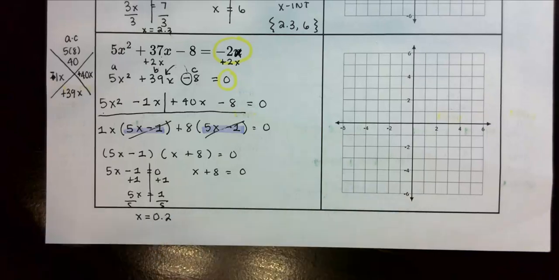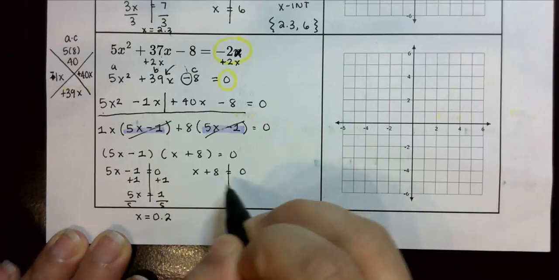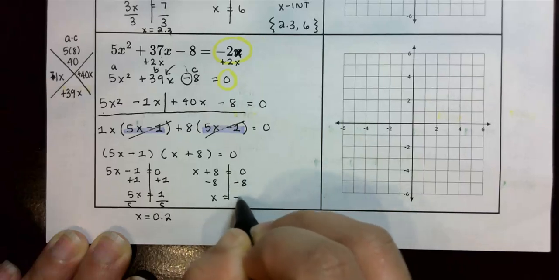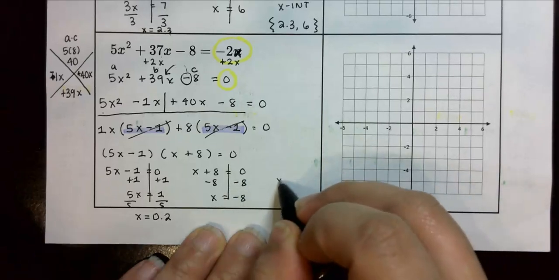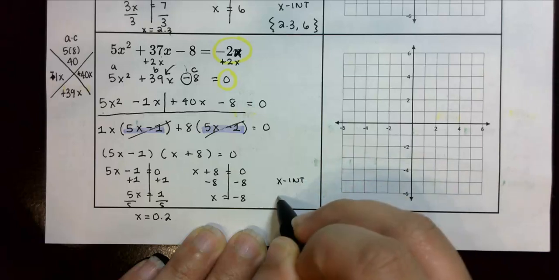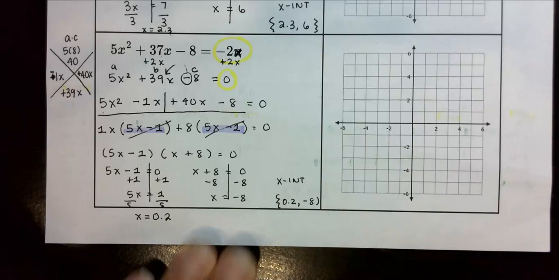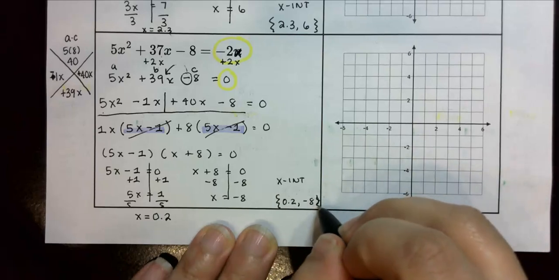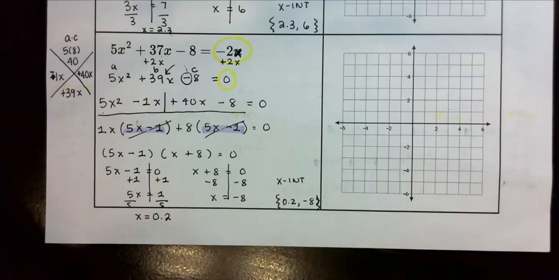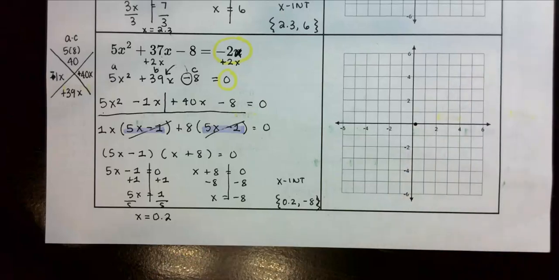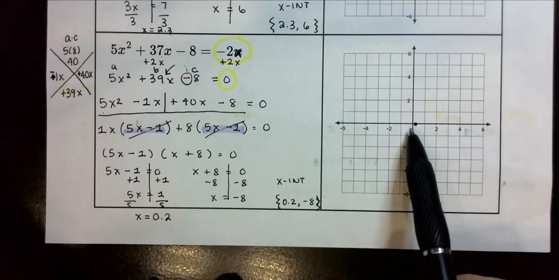0.2 is really small, so it's going to be really close to 0. And then this one's easy to do. All we have to do is subtract 8 and get x is equal to negative 8. So our x-intercepts are going to be 0.2 and negative 8. All right, so 0.2 is on the positive side, but it's right next to the 0.